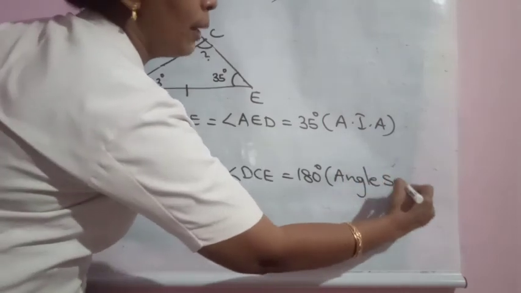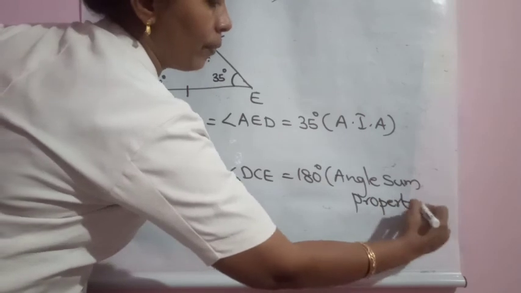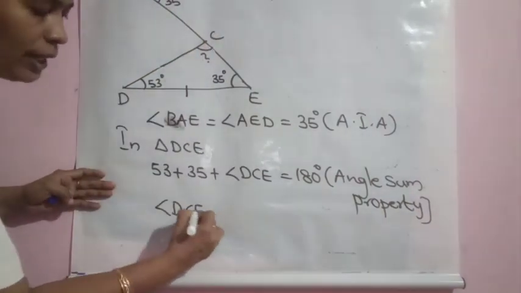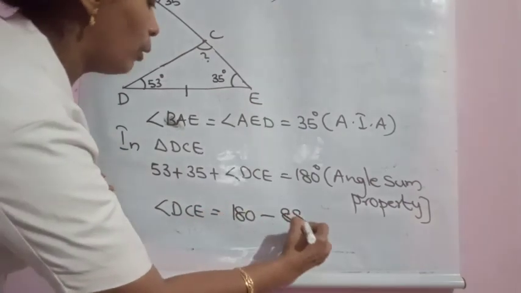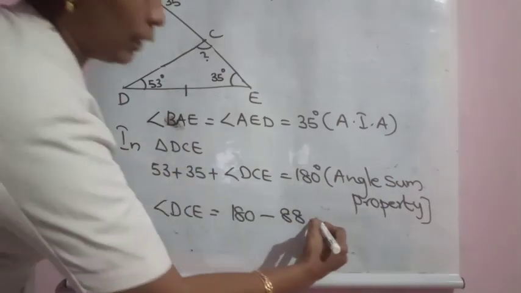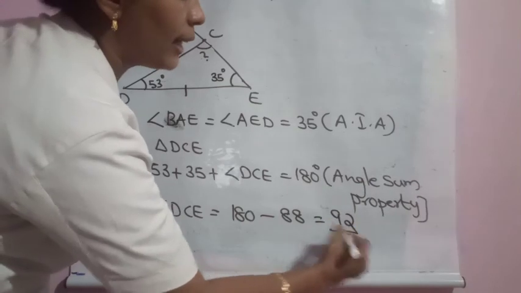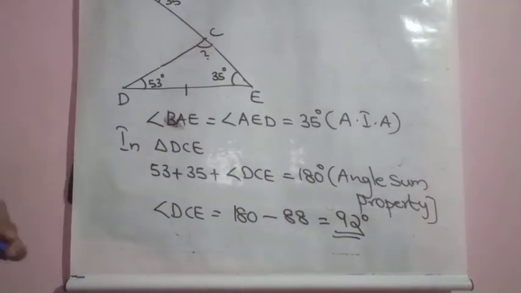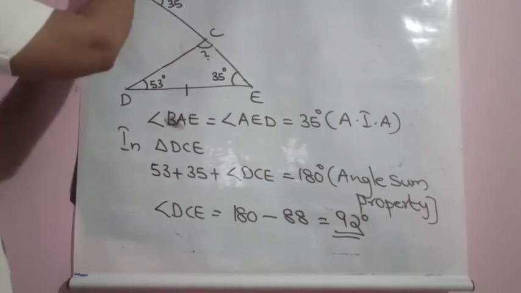Angle sum property. And we can find DCE as 180 minus the sum of these two, 88. What is the answer for you? 92 degree is our answer. And this is considered to be one of the important questions also.